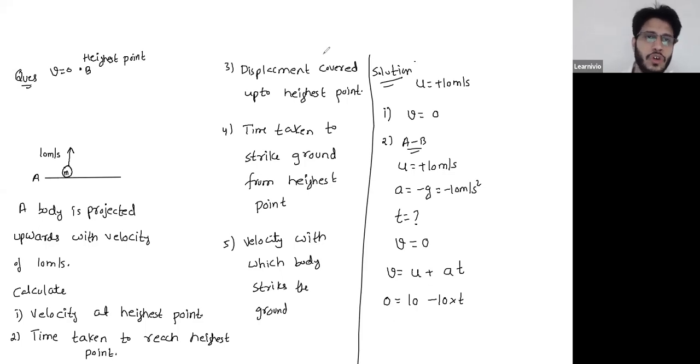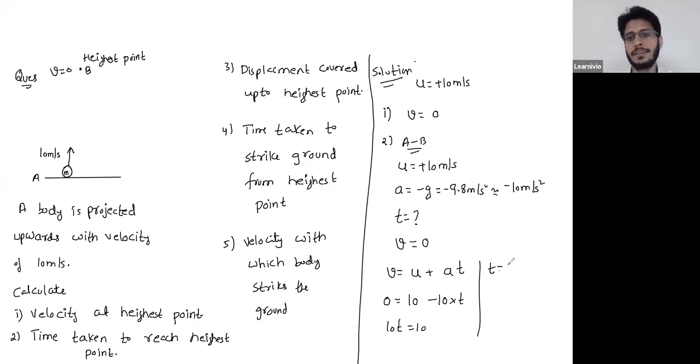Basically g is not exactly minus 10; the exact value of g is 9.8 meter per second square, and that's almost minus 10 meter per second square. So it's minus 10 into t. You can write this as 10t equal to 10, or t is 10 by 10, so time will be 1 second.